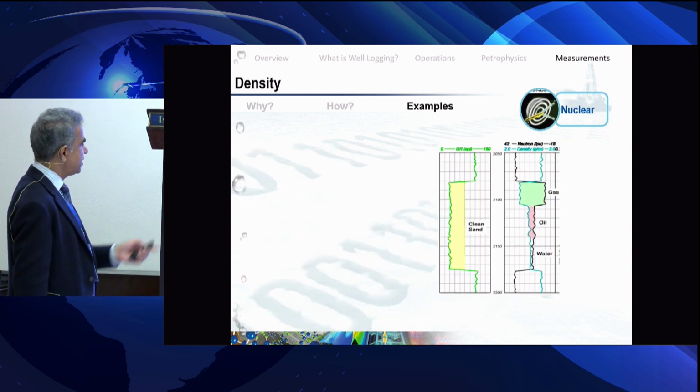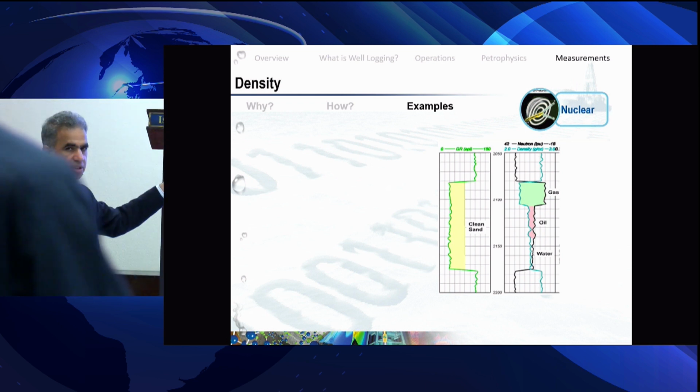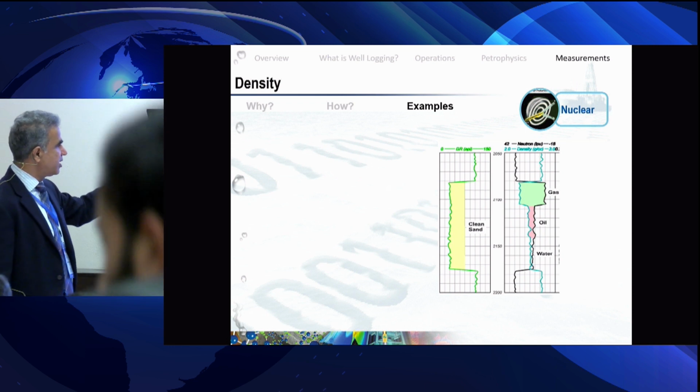An example of this is, as we've seen already, the gamma ray clean, high, green curve. The next one is shown. Normally we display logs in combination, rather than using one log to know all the information.